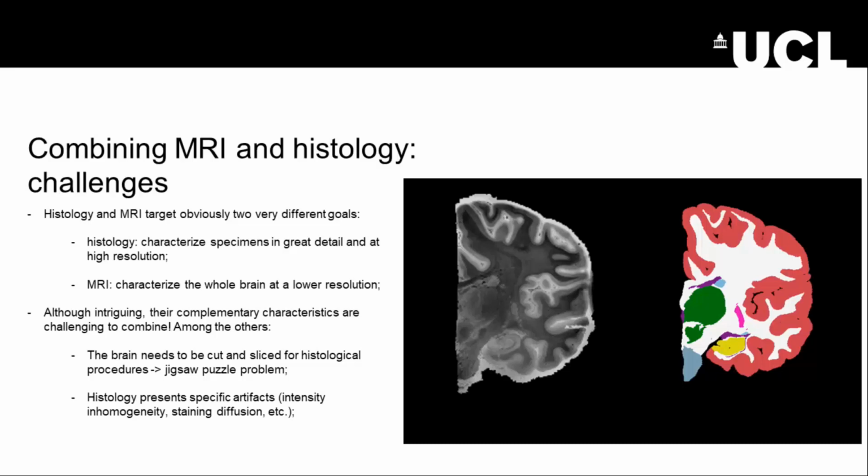You just need to think that if you slice the brain in slices of half a centimeter, then the technicians will manage to cut them in more than 30 or 40 pieces, and good luck to reconstruct the jigsaw puzzle.